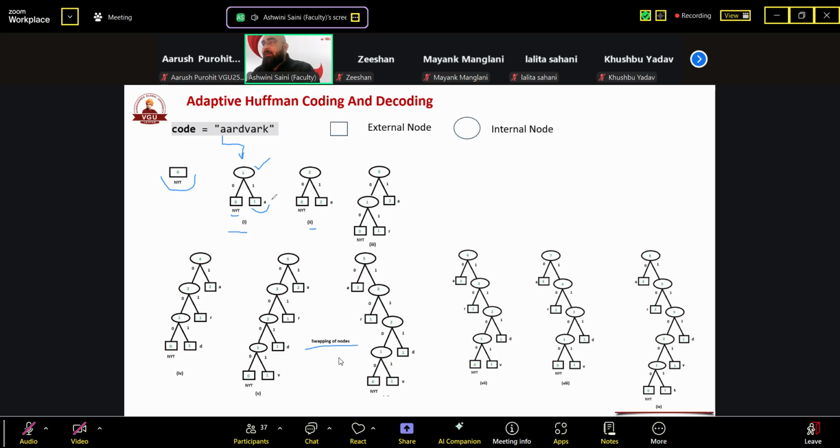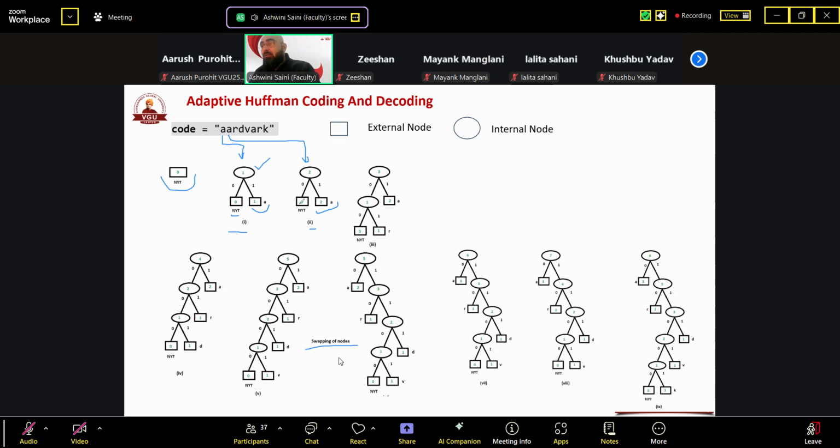Second step, we have another character. That character was already introduced in our last step. That was A. So here A is an already transmitted character.